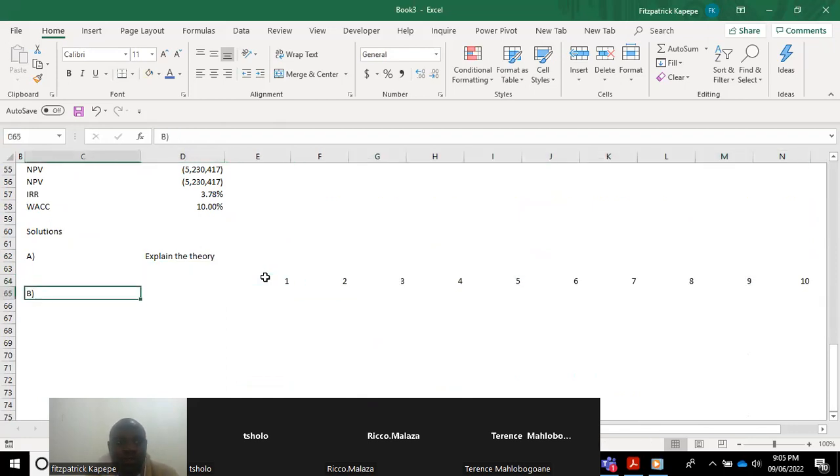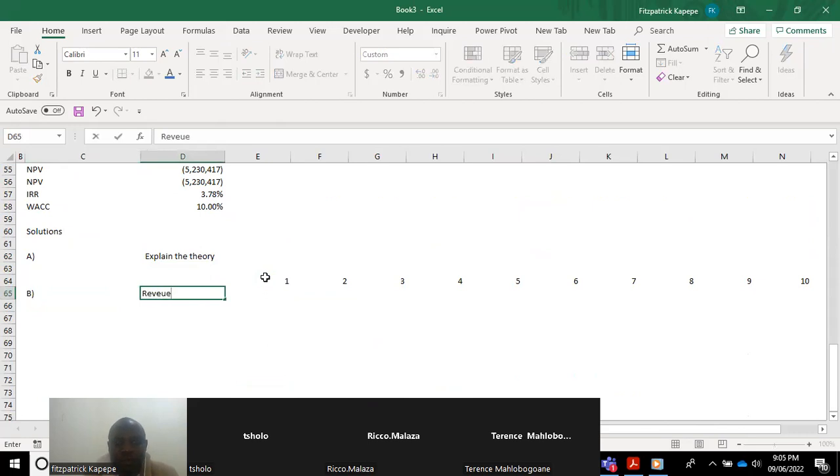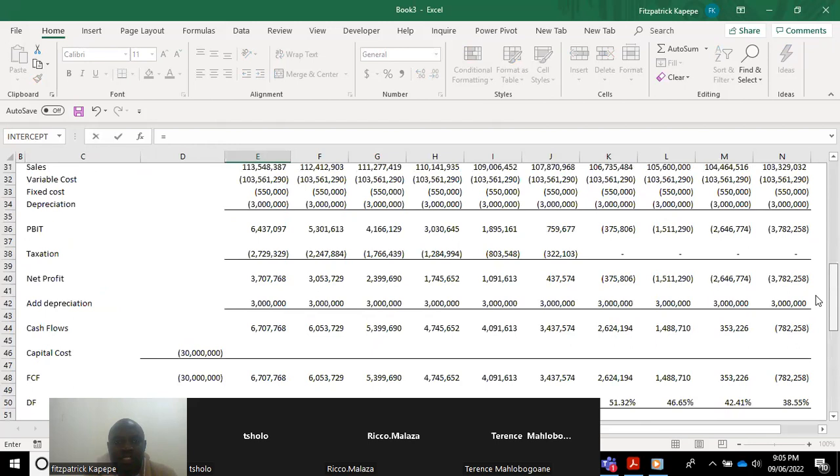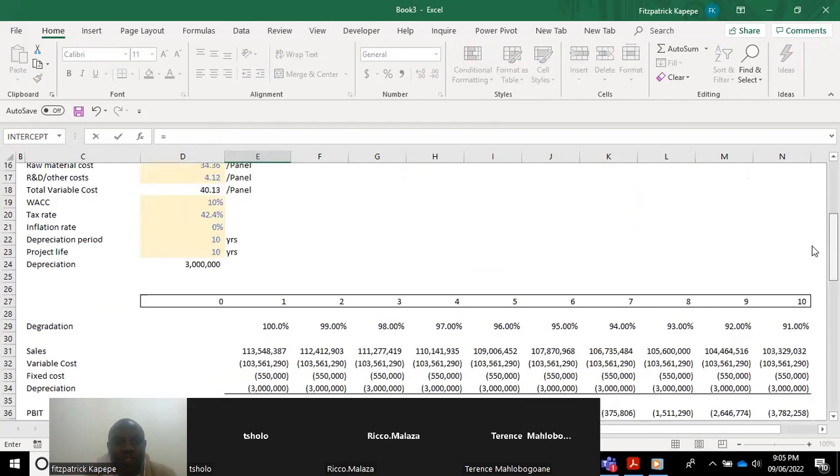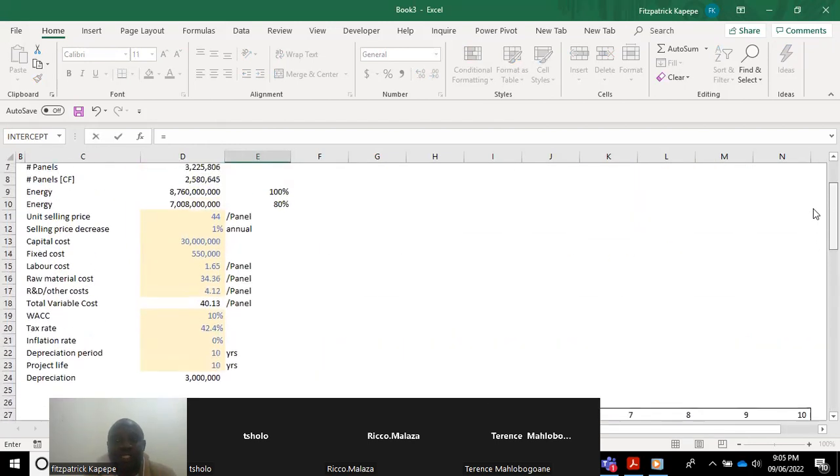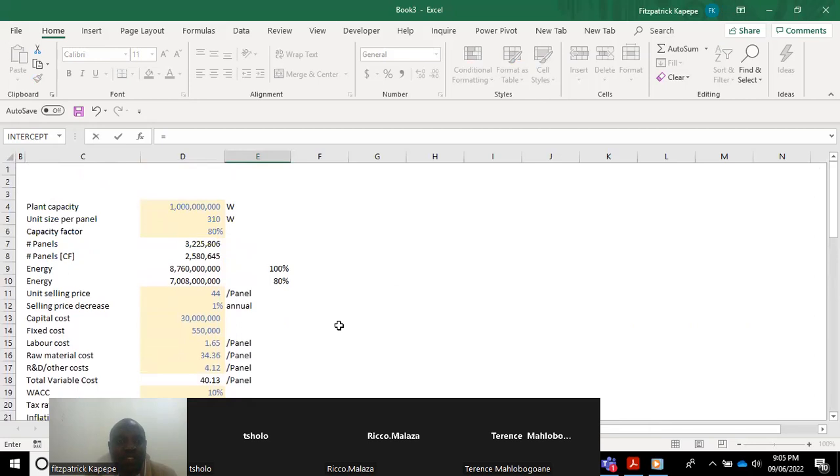So what I would do, I'll come there and say revenue on an annual basis, because it is not going to reduce anytime soon. Actually, I don't even need to go up 10 years there. The annual revenues, if it is at 100%, I'll do that.